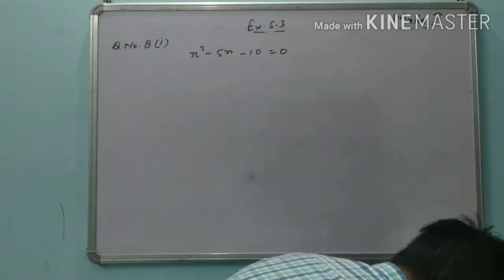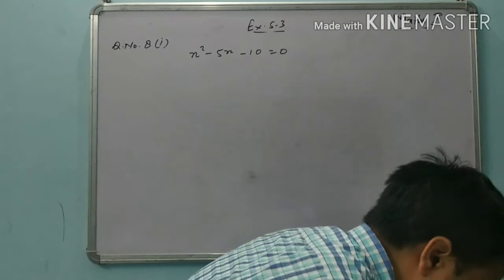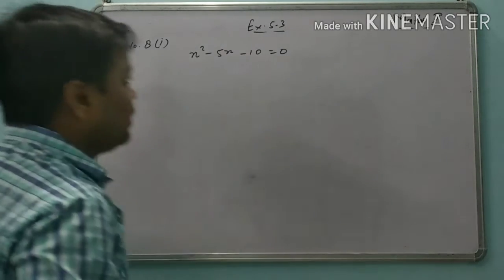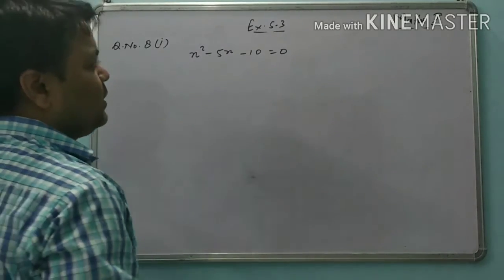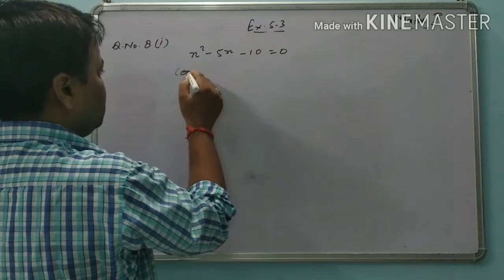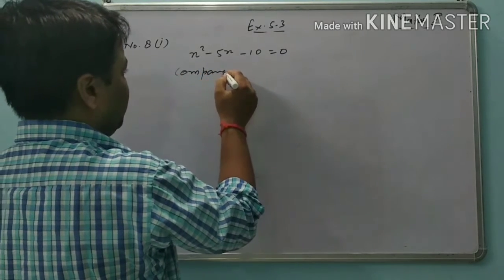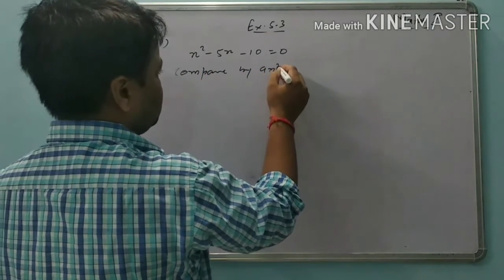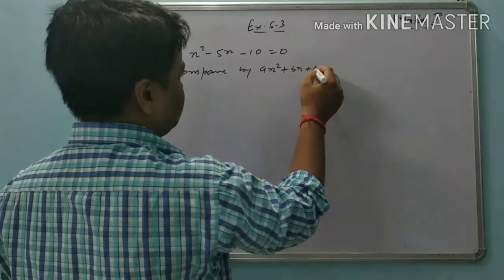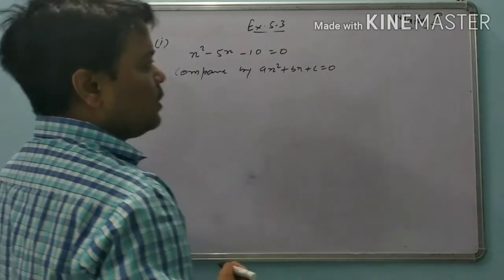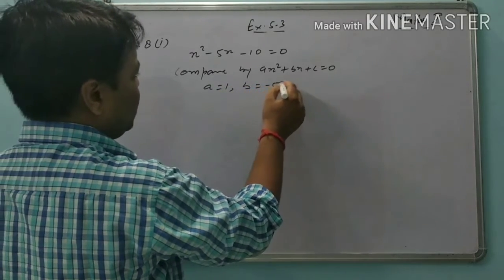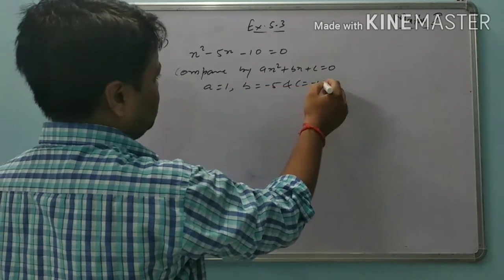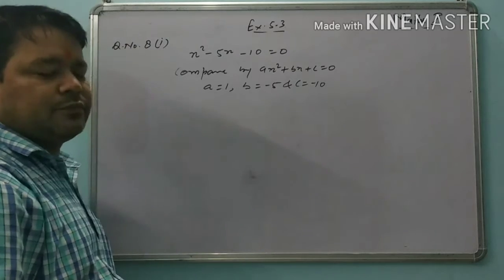Now first of all, we should compare the given equation with the standard form of the quadratic equation, ax square plus bx plus c is equal to 0. We find that a is equal to 1, b is equal to minus 5 and c is equal to minus 10.